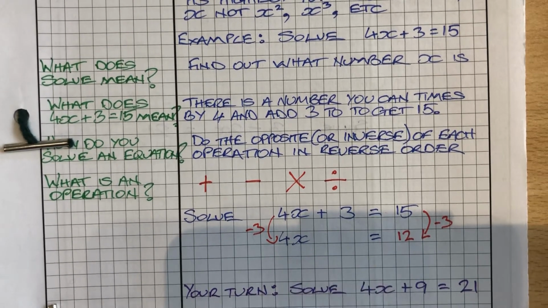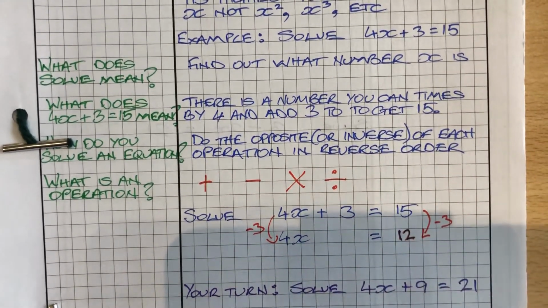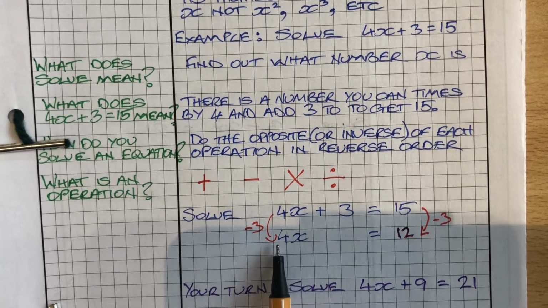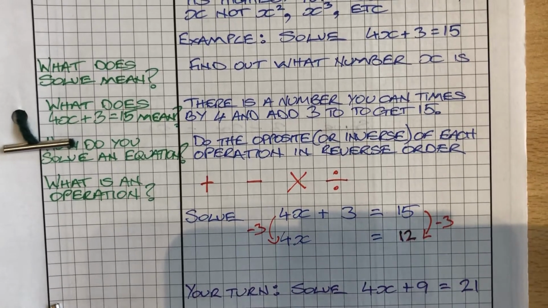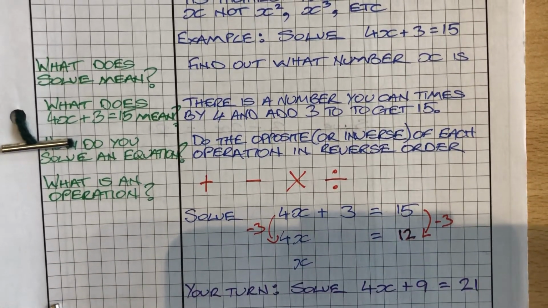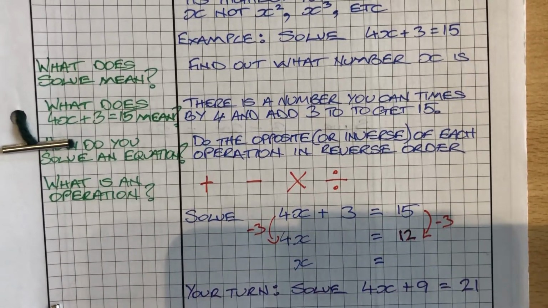Right, I've now got another equation written here, 4x equals 12. I'd prefer that to be in blue. And again, I translate it. What does it mean? There's a number that when I times it by 4, I get 12. I don't want it multiplied by 4. So I just write down the number as it is, just x. I've got rid of the times by 4.